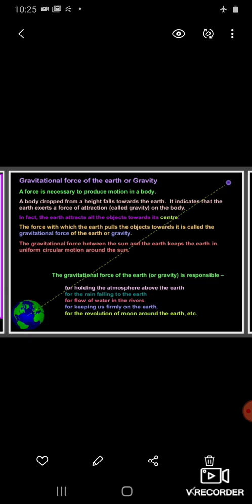Gravitational force or gravitation is a broader term which includes gravity. Gravity is the part of gravitational force. A force is necessary to produce motion in a body. A body dropped from a height falls towards the earth. It indicates that the earth exerts a force of attraction which is known as gravity.